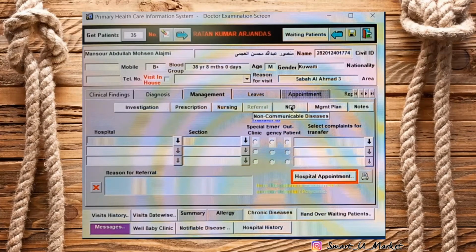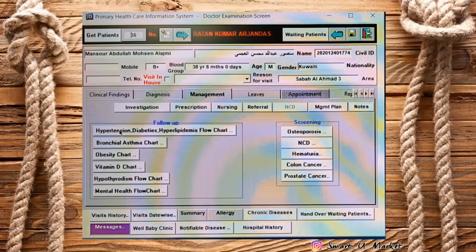So then after that we have a non-communicable disease icon. When we press it, there are many non-communicable diseases that will appear here, like, as I told you, the hypertension, diabetes and hyperlipidemia flow chart. And here it's all about the bronchial asthma chart. It's an excellent chart given by MOH.